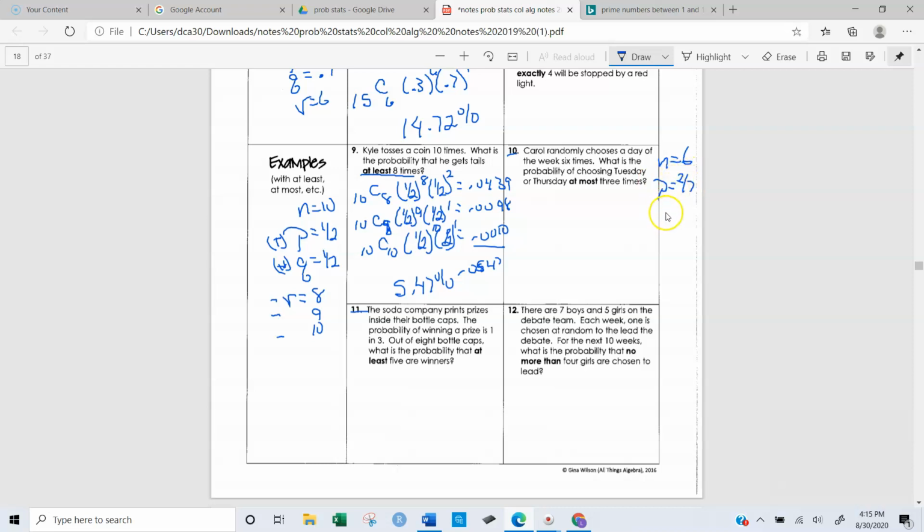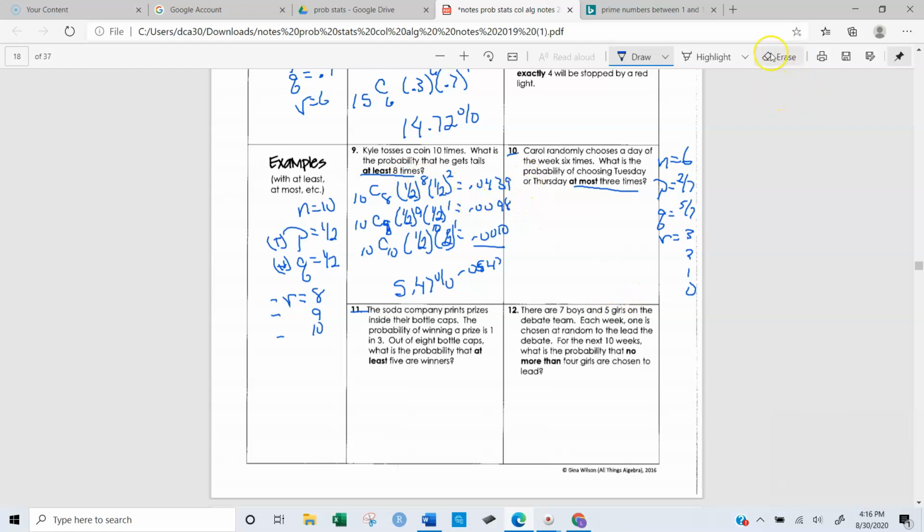Means not correct would be the other 5 days. At most 3 times. So at most means 3 or less. So R this time can be 3, 2, 1, and don't forget 0. So now I've got to do this problem 4 times, add up the solutions, and that's my answer.